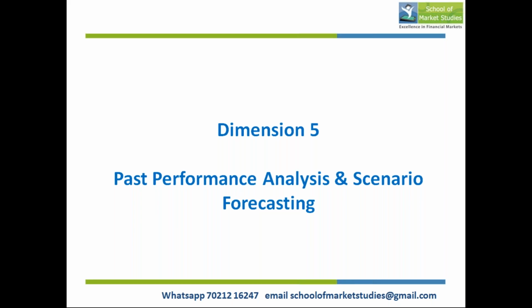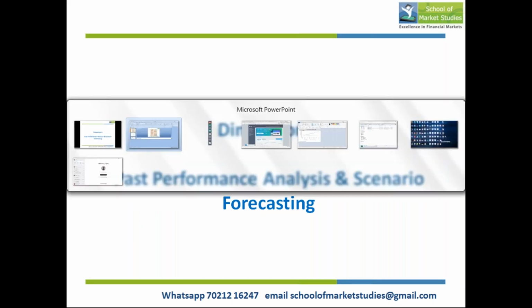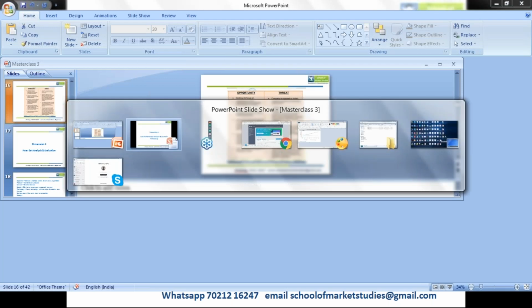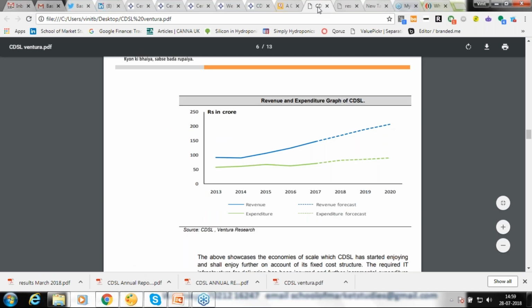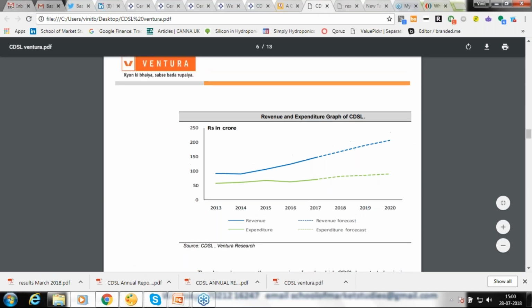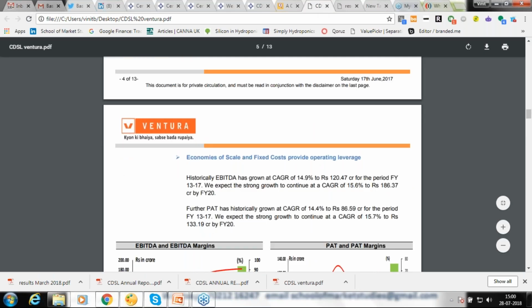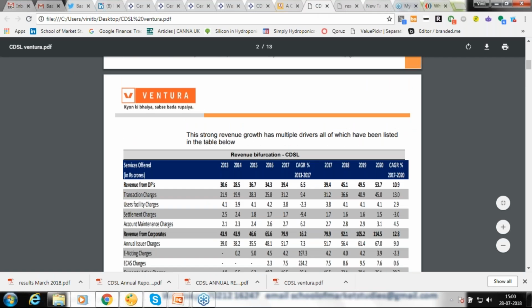So we will be moving away from the presentation and going to a model that I've created, but it's not an Excel as yet, because we will be introducing the Excel to you only when you get into the lecture 5 mode, right? So if you see CDSL, okay, let's see how their revenues stack up.